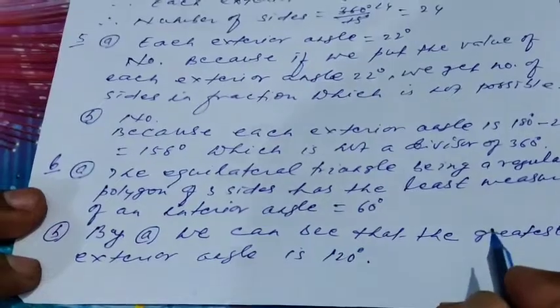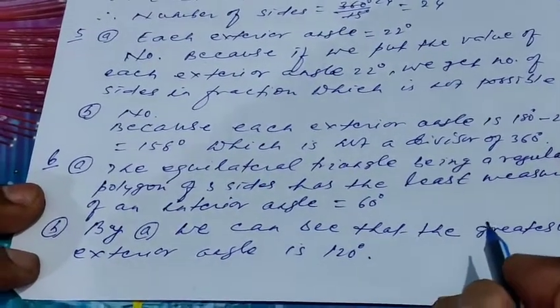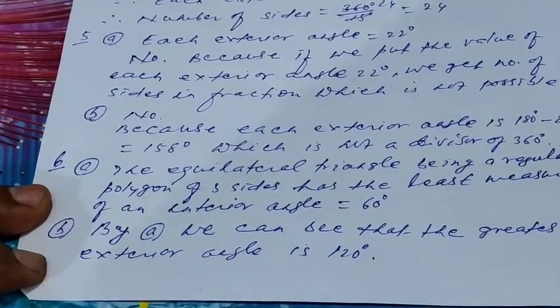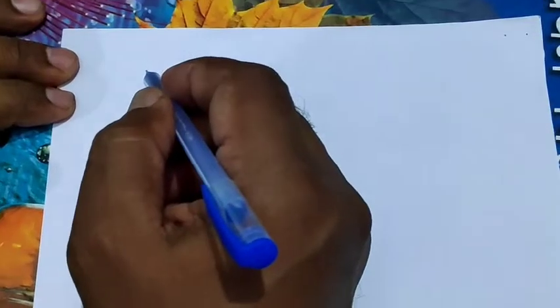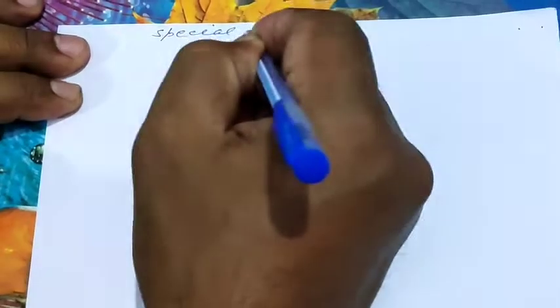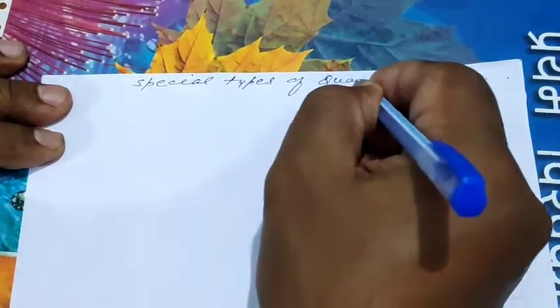Now we have to start exercise 3.2, but before starting this we have some special things to learn. Now, special types of quadrilateral.